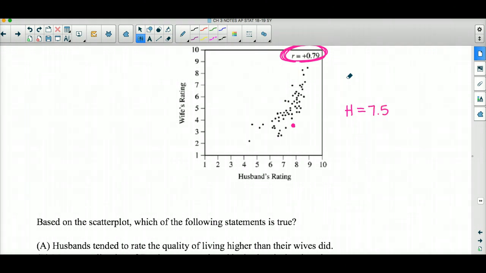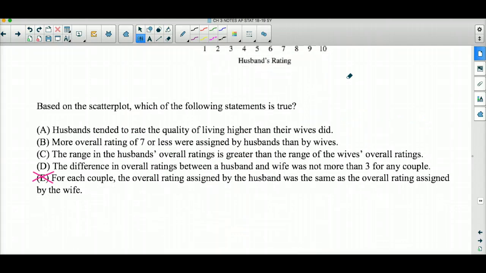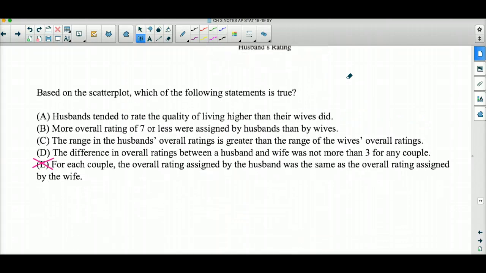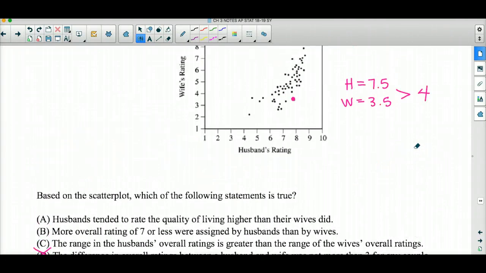Let's say it's a 7.5. But the wife gave it a 3.5. The difference in their score is 4. Is that what this question is saying? Yeah, this question says the max would be 3, so that's not true. Throw it out.